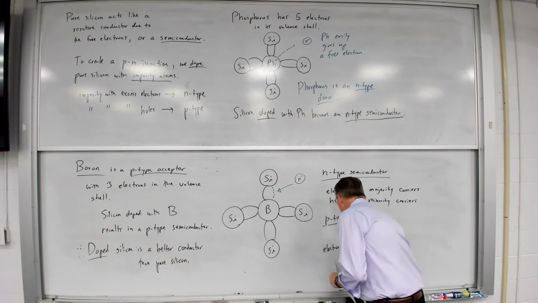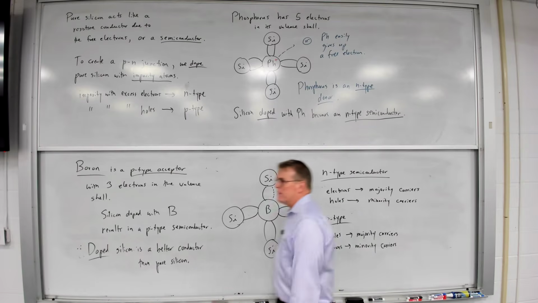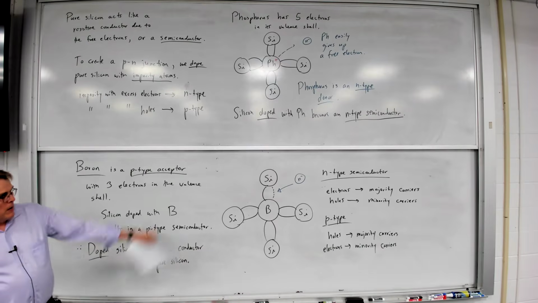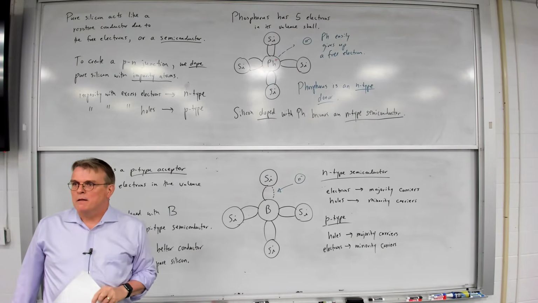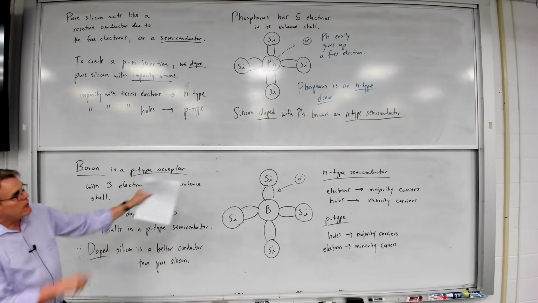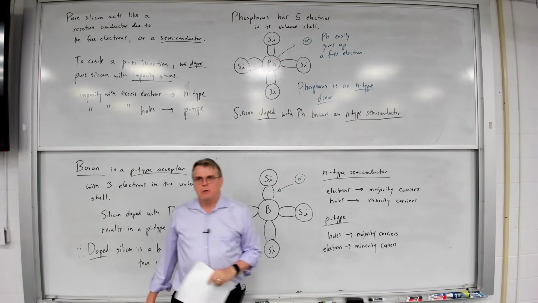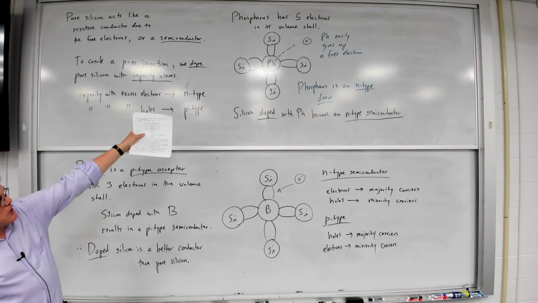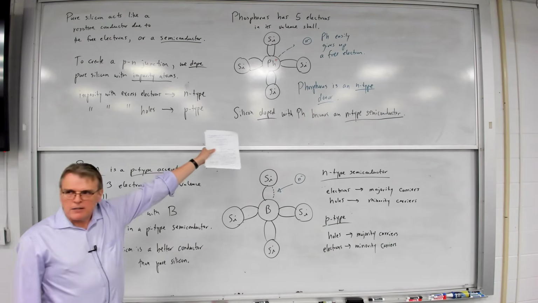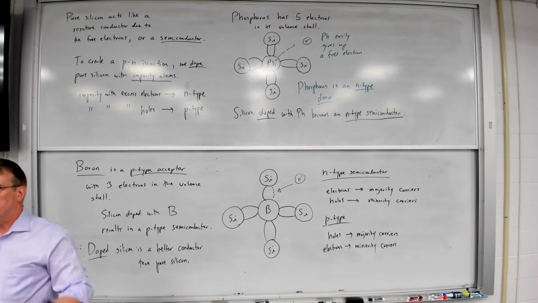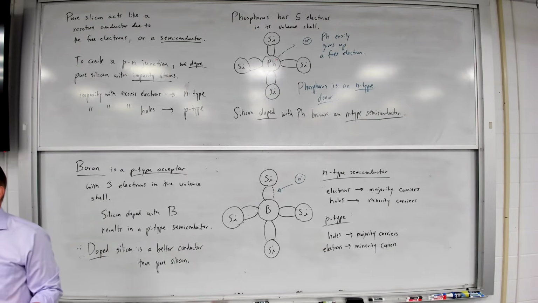And we'll be seeing this definition of majority versus minority later on, especially when we start talking about bipolar junction transistors. Okay? Questions? All right, so we've figured out how to create excess charge carriers in pure silicon. Now we're going to do something interesting. I'm going to take a section of N-type silicon and a section of P-type silicon, and I'm going to move them together. I'm going to make them form a junction with each other.